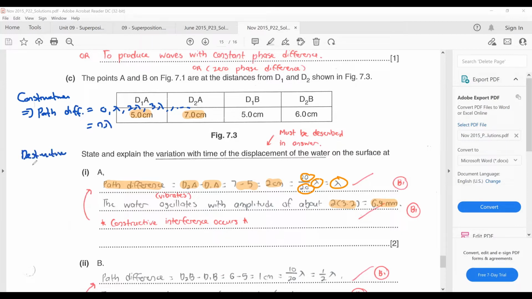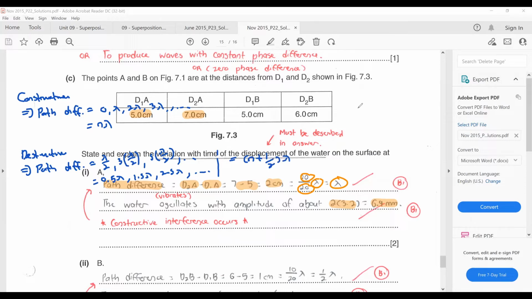Destructive interference is where the path difference is lambda over 2, 3 lambda over 2, 5 lambda over 2, and so on. In other words, it's always 0.5 lambda, equals n plus half lambda.